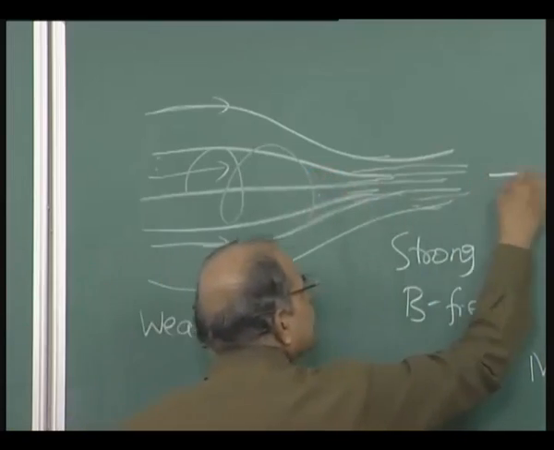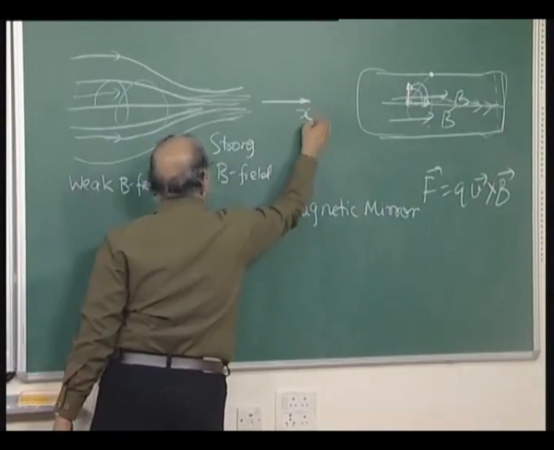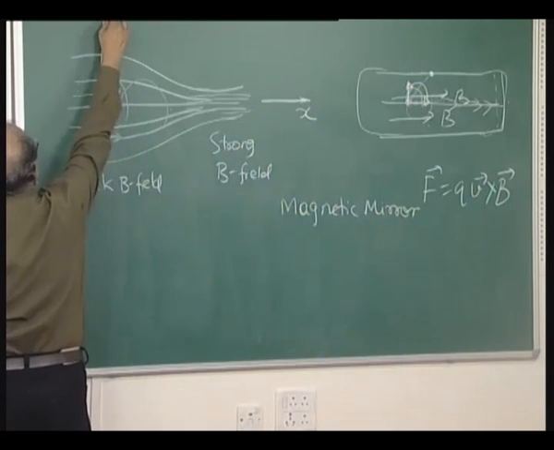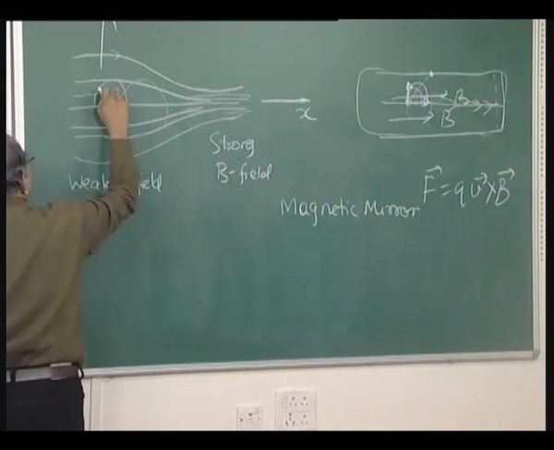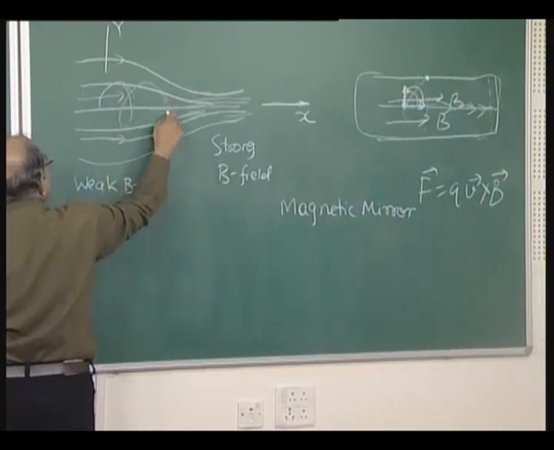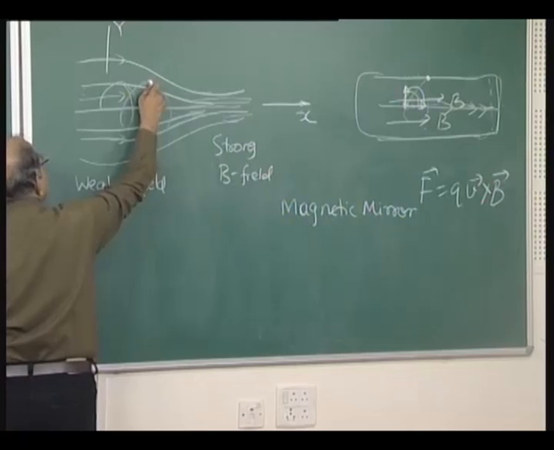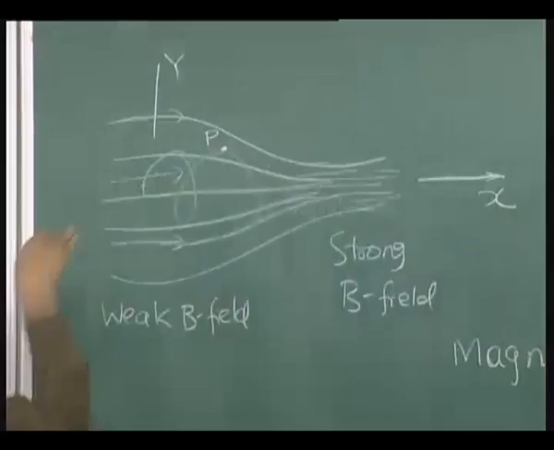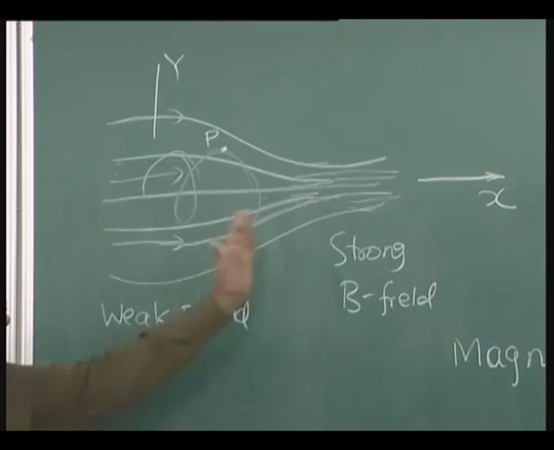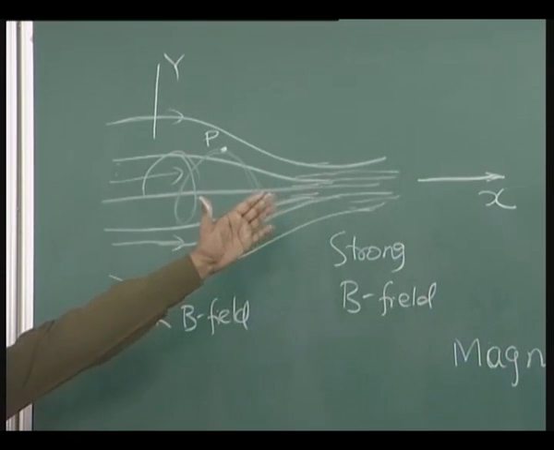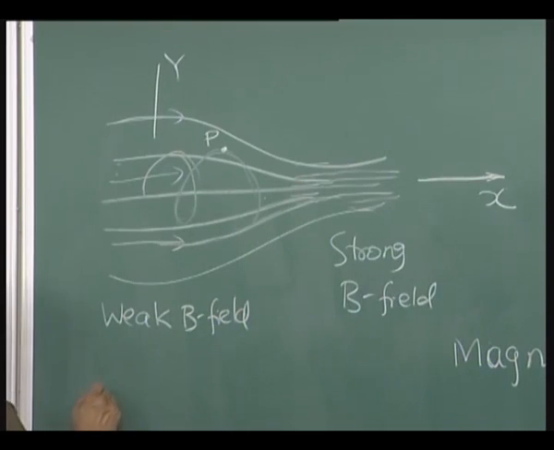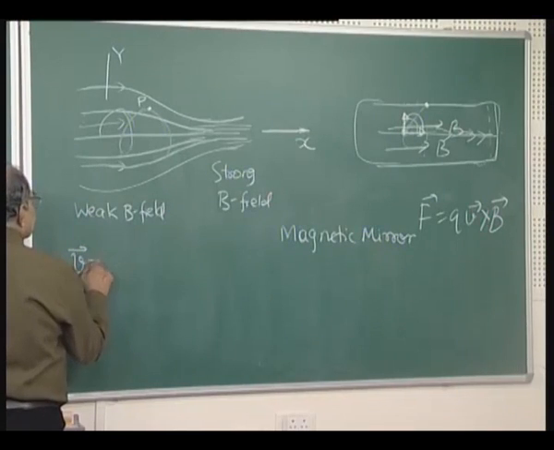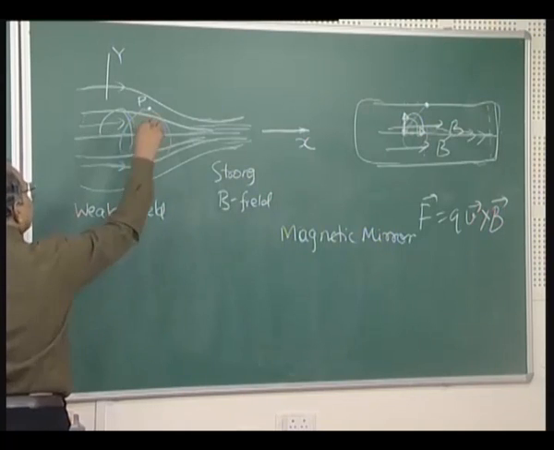Suppose let me take this as the x axis, this as the y axis, and this particle is going like this. So, suppose the particle is here, it is going into the board as well as it is drifting towards right. So, velocity you can write as x, y and z.